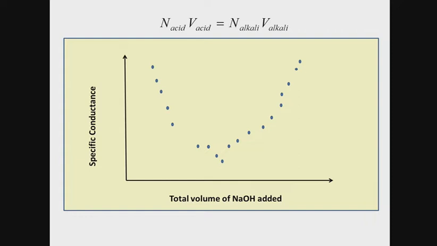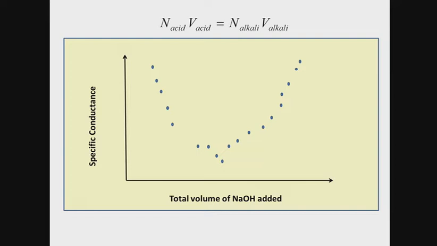Then we go on adding small amounts of sodium hydroxide, allow the system to equilibrate for a given volume of sodium hydroxide added, and then measure the conductance of the mixture. So, this is your second experimental observation.